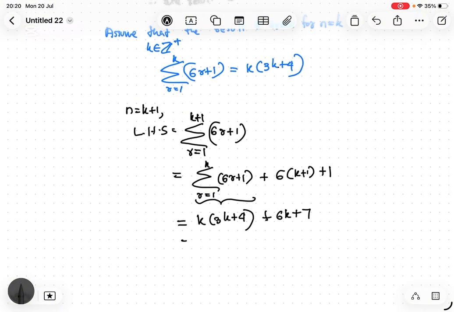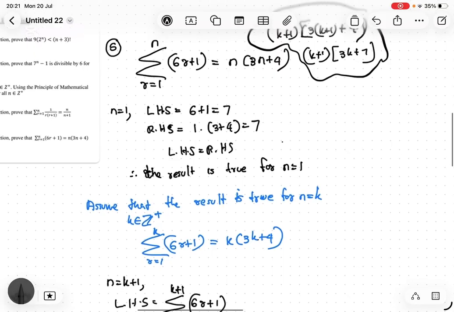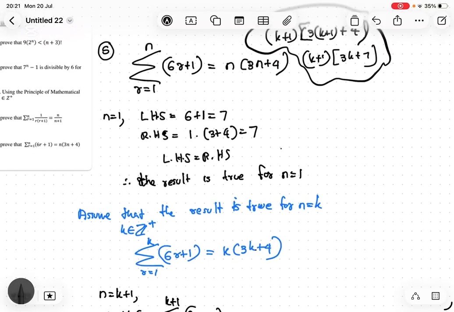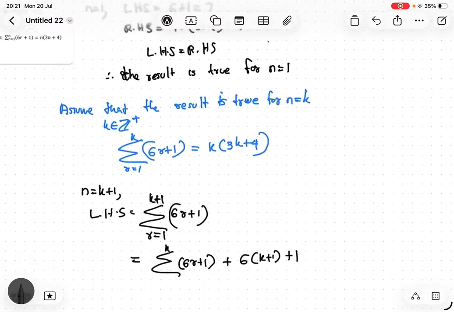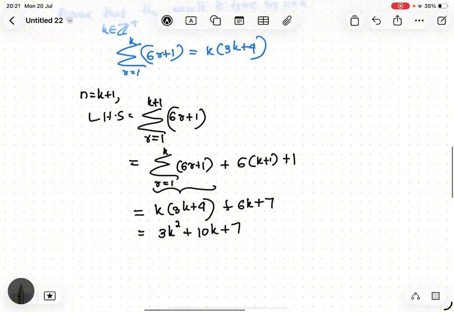Okay, look at this, all of you. 3k squared plus 4k plus 6k, we get 3k squared plus 10k plus 7. Okay. So isn't it the same factors? Yes, right. So you can factorize it.